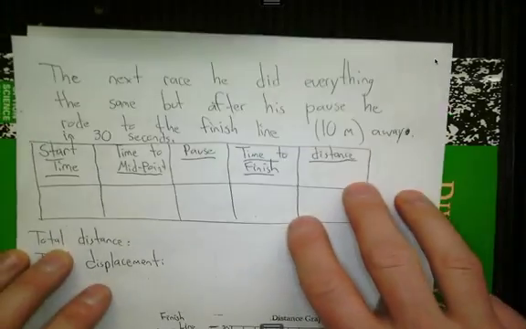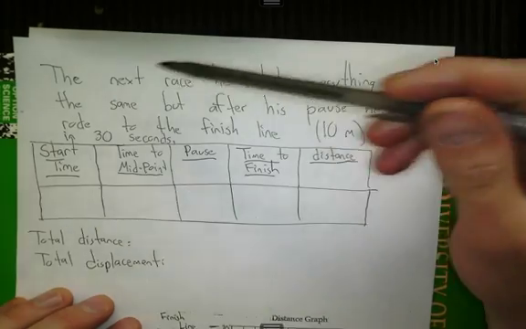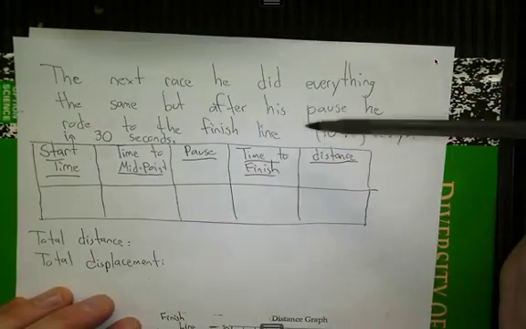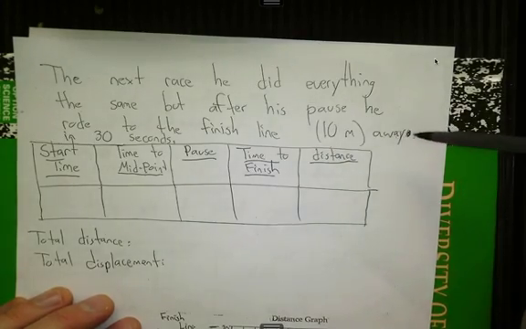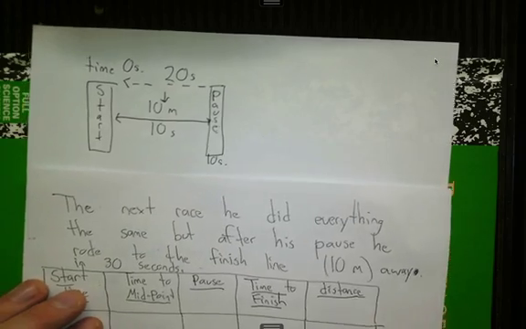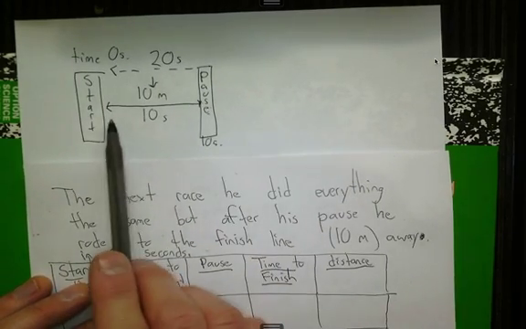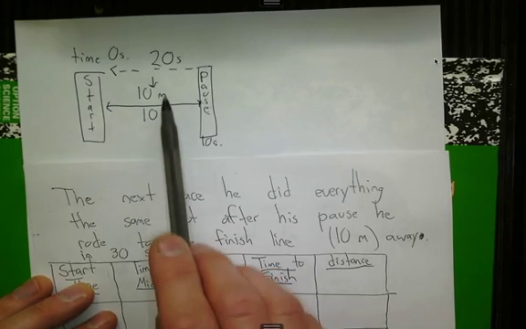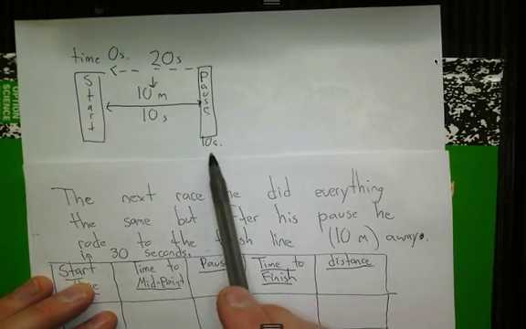So the next race our biker did, he did everything the same, but after his pause he rode to the finish line, which was 10 meters away, in 30 seconds. So now he did everything the same, which means he started, he went 10 meters in 10 seconds, a distance and a time. He paused for 10 seconds.